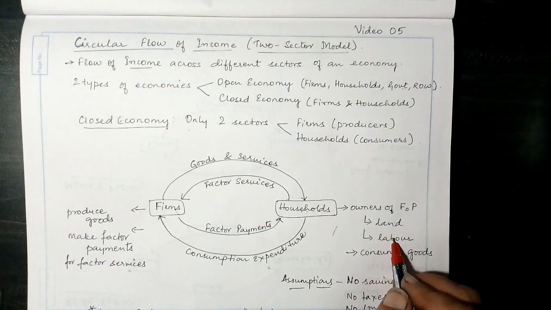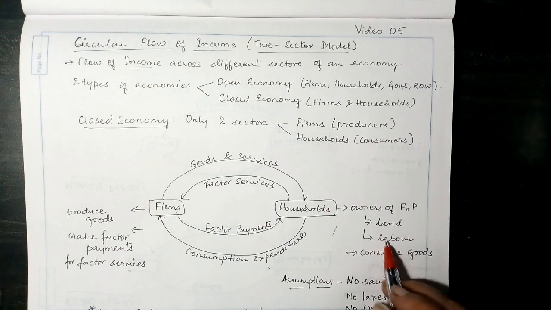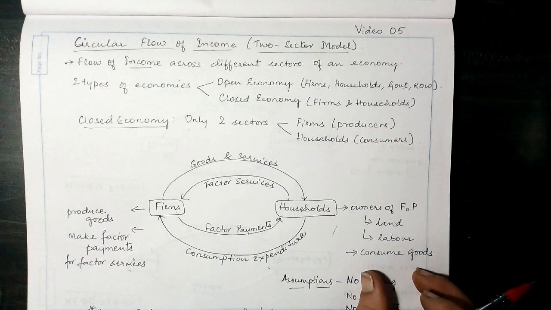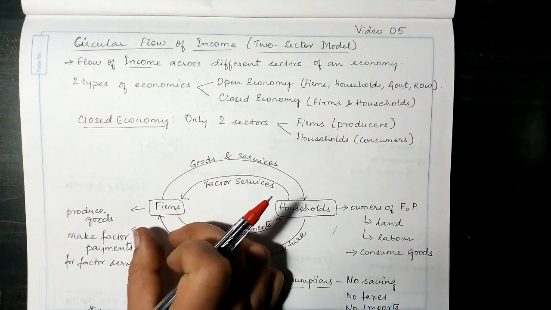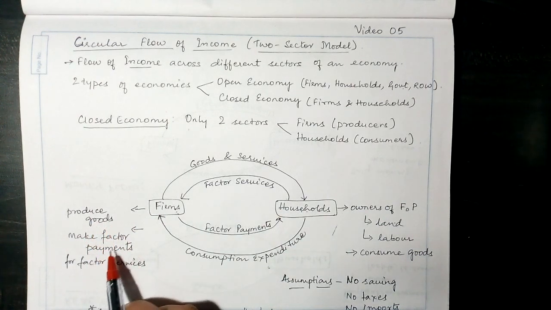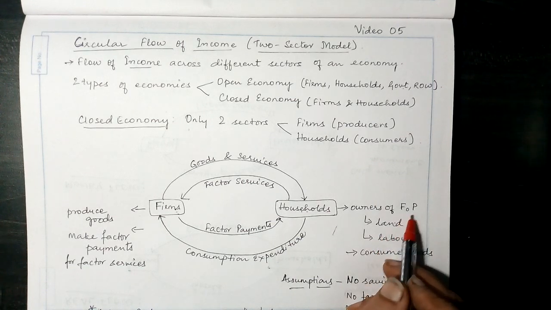Land, labor, entrepreneurship. So they are the owners of these factors of production. And the households also consume goods. Now the firms produce goods and they make factor payments for the factor services or the factors of production.